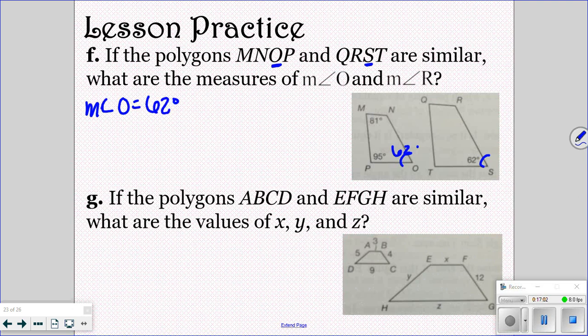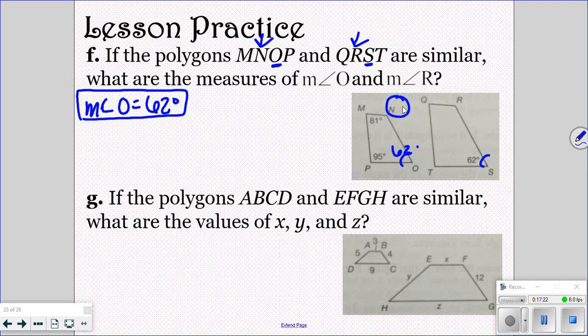Because those are our corresponding angles. Angle R is the second one, and N is the second one. So those are corresponding. But we don't have what angle N is. However, we know that these three plus angle N have to add up to 360.